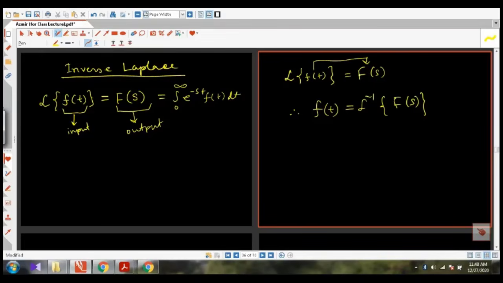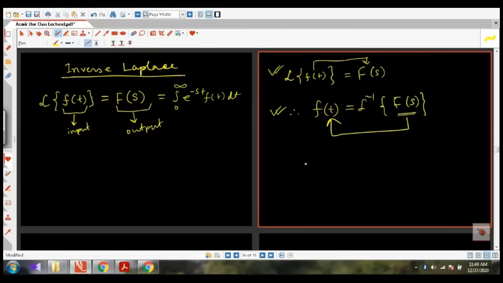Now suppose we have the algebraic function, so what will be the process to get back to the main function? This is called the inverse Laplace transformation. So the relationship between Laplace and inverse Laplace transformation is this one. This is the notation for Laplace transformation, and the second one is for inverse Laplace transformation.